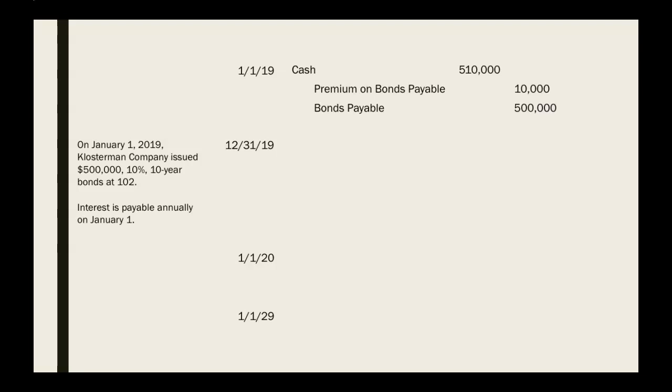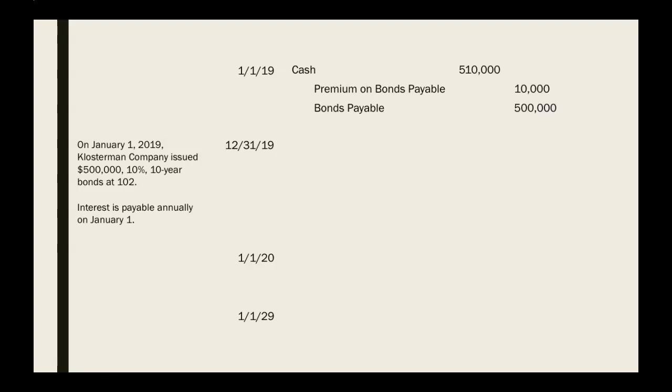So if you take your face value, your $500,000, and multiply it by 102%, or 1.02, you'll end up with 510,000. Right, so that's another way that we can find that cash amount. So that's our journal entry for the issuance of the bond.